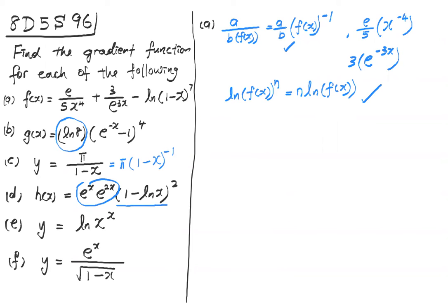Whenever you see ln, you have to apply this formula before you do any differentiation. Are you clear? So that is what you should do for part E. Then I think you have to use products rule. So for part F, no choice, it is a quotient rule.